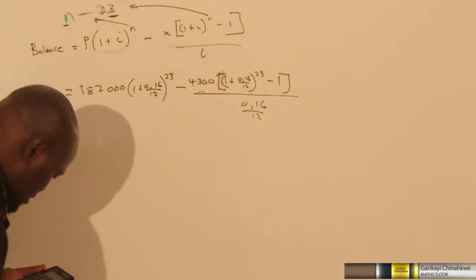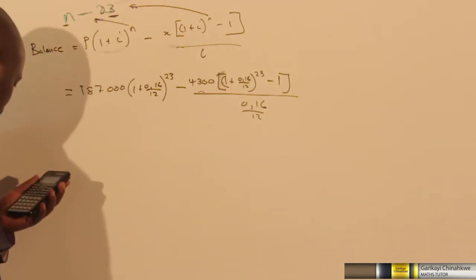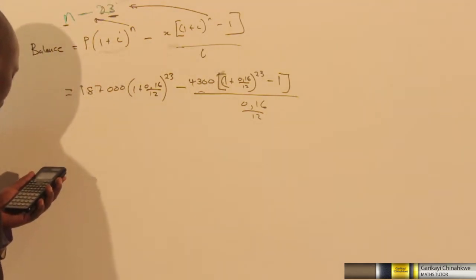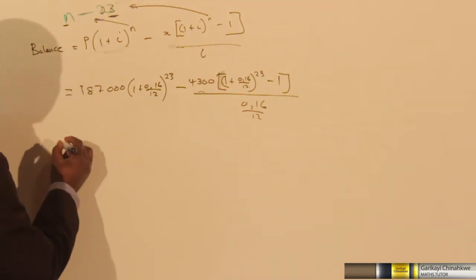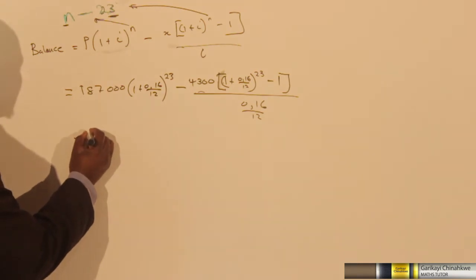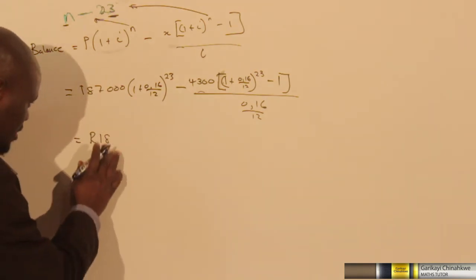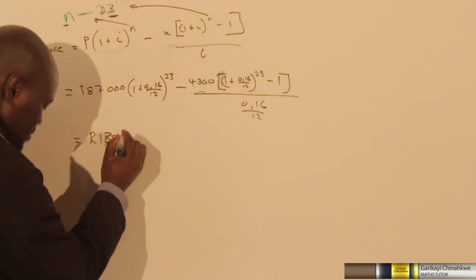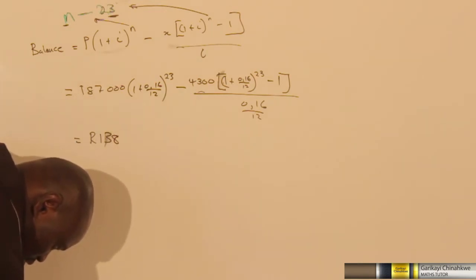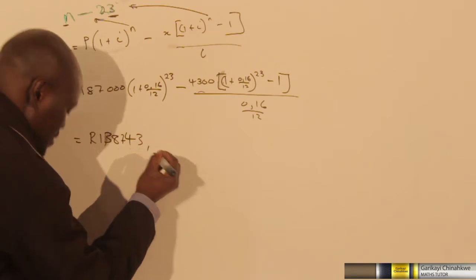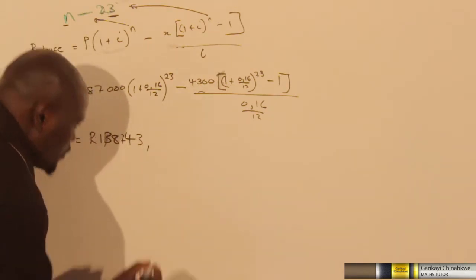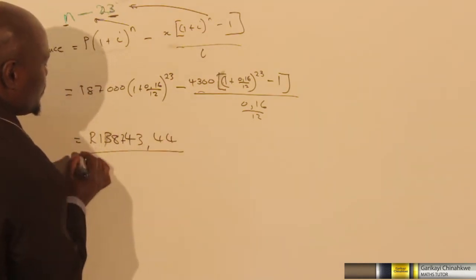So the balance is going to be 138,743.44 rands.